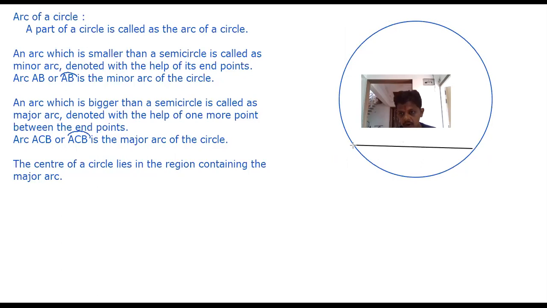So we had written about chord AB, right? So draw the same. A, B, C. Right here, arc ACB. This is arc AB. This is the major.